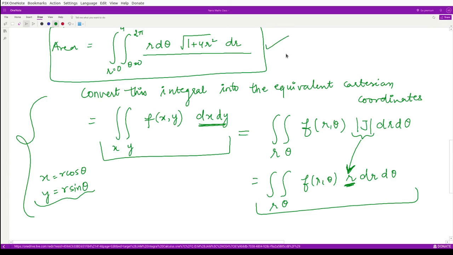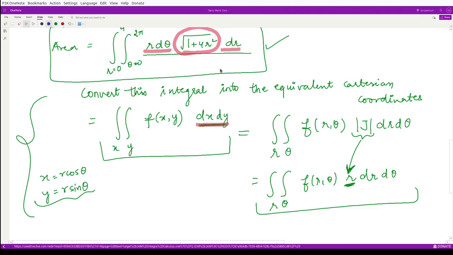Now we have this in polar coordinates, so we can directly convert this integral into the corresponding Cartesian integral. Here you replace r dr dθ with dx dy according to this conversion, and this quantity is replaced with a function of x and y.